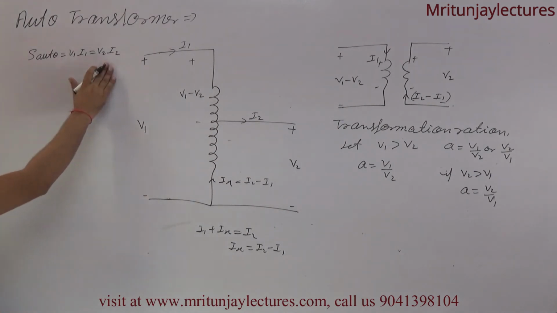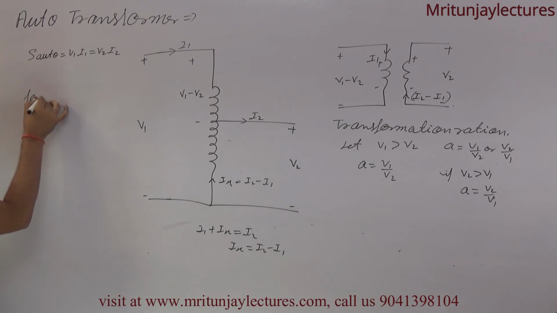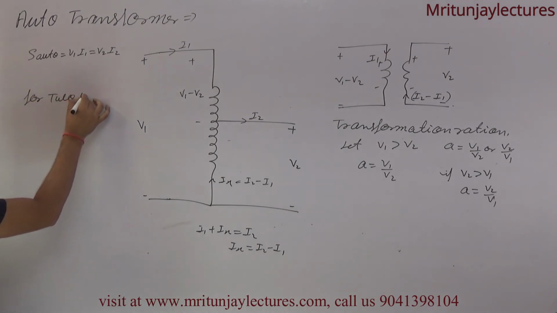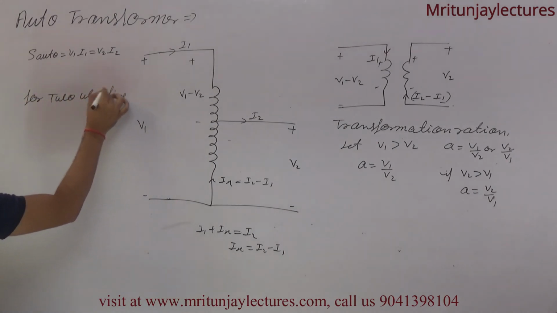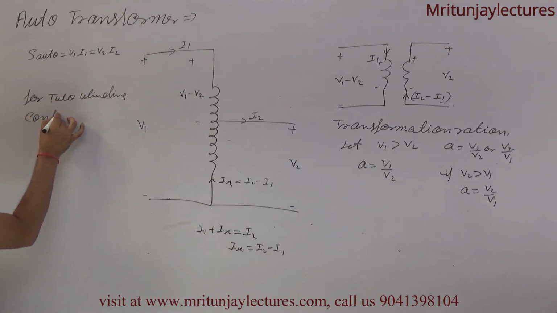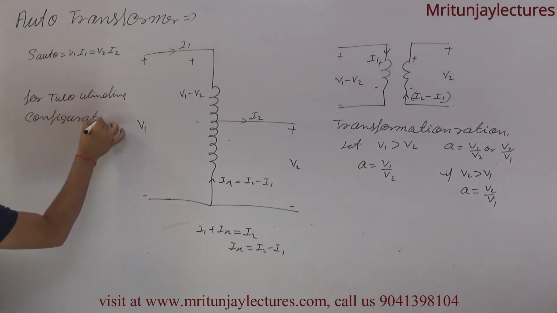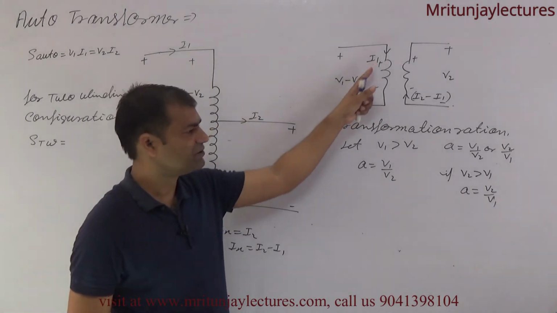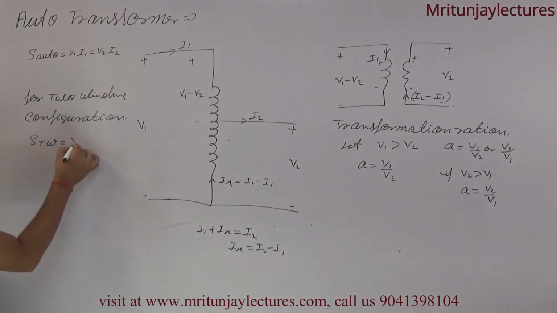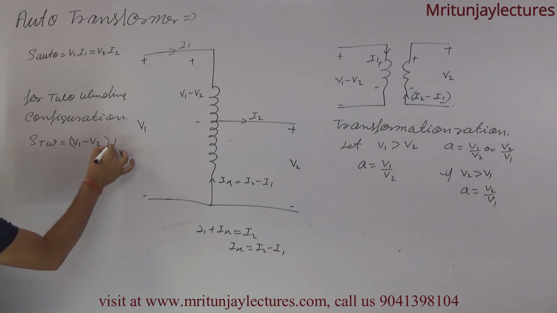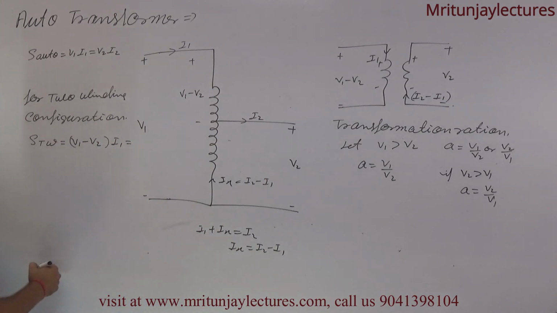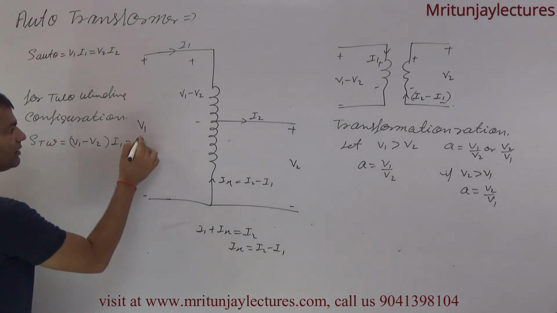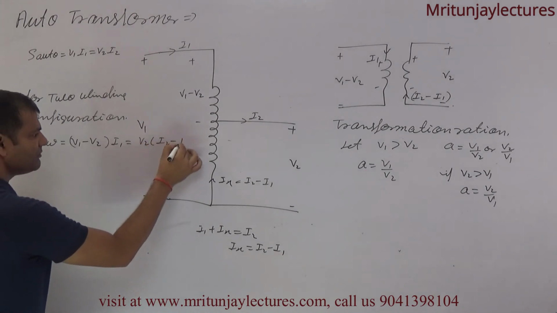Now S auto like this one. For the two winding configuration, S two winding will be equal to V1 minus V2 into I1, or you can say it is also written as V2 into I2 minus I1. Clear?